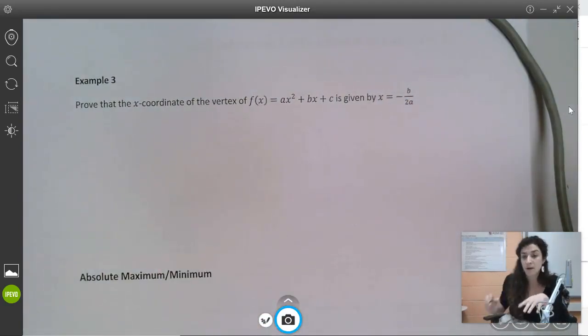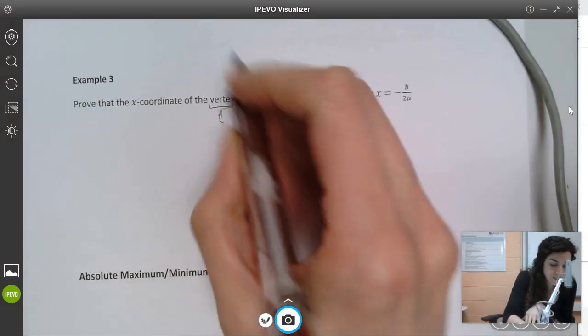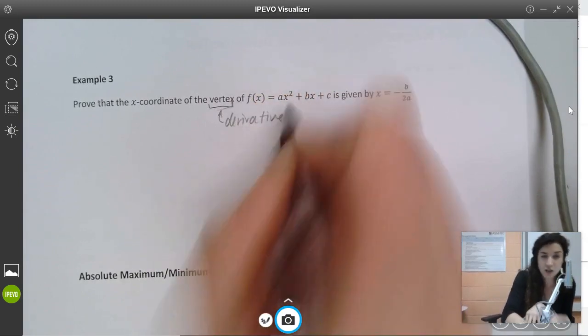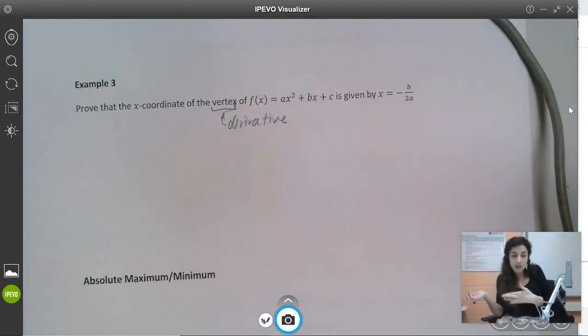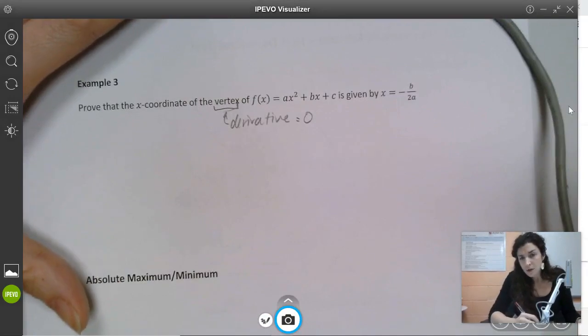We learned it when we were talking about quadratic modeling. If we're talking about a vertex, that means your derivative, right? It's your maximum or your minimum, but we're saying derivative. More specifically, when your derivative is equal to 0.